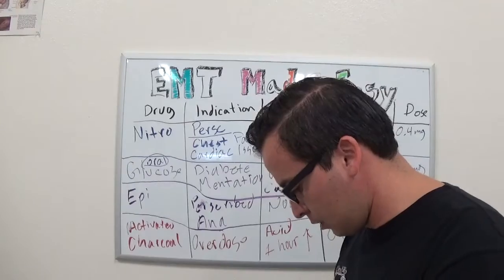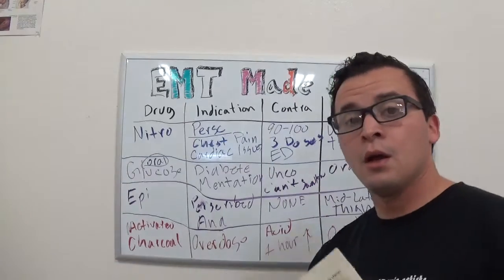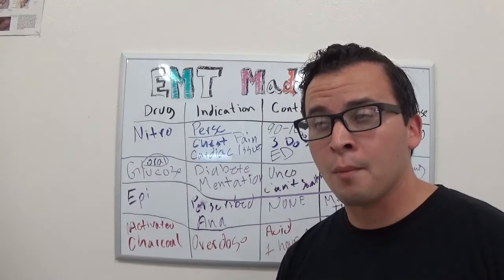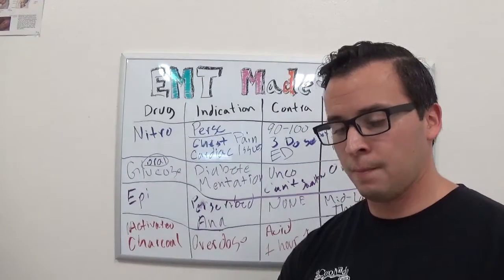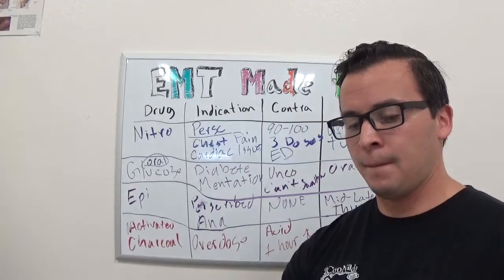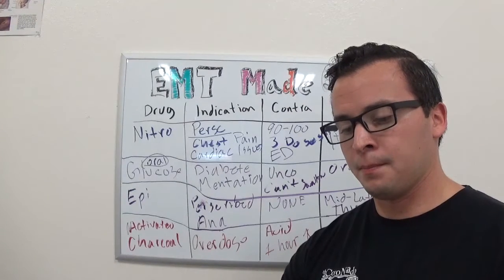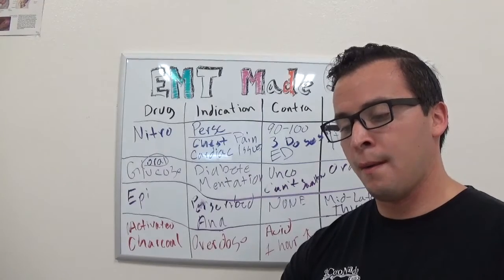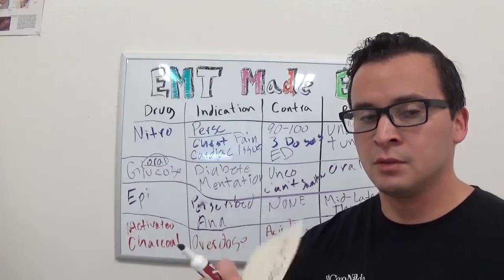A kilogram is roughly about 2.2 pounds. So let's see, 1 kilogram equals 2.2 pounds. See that?